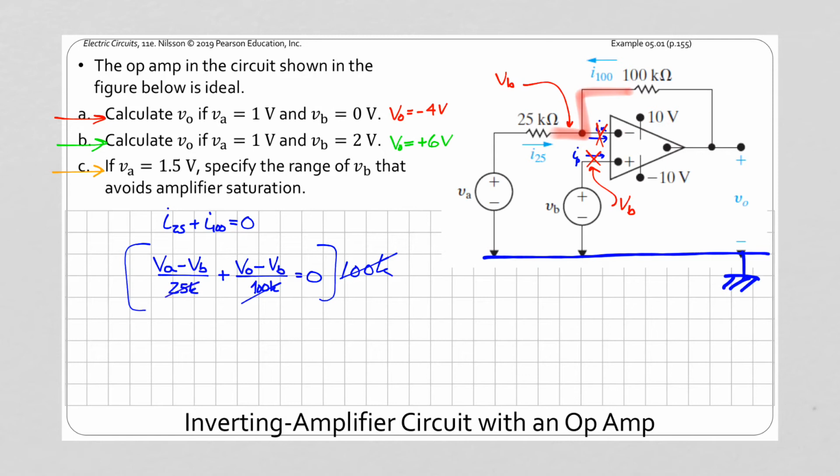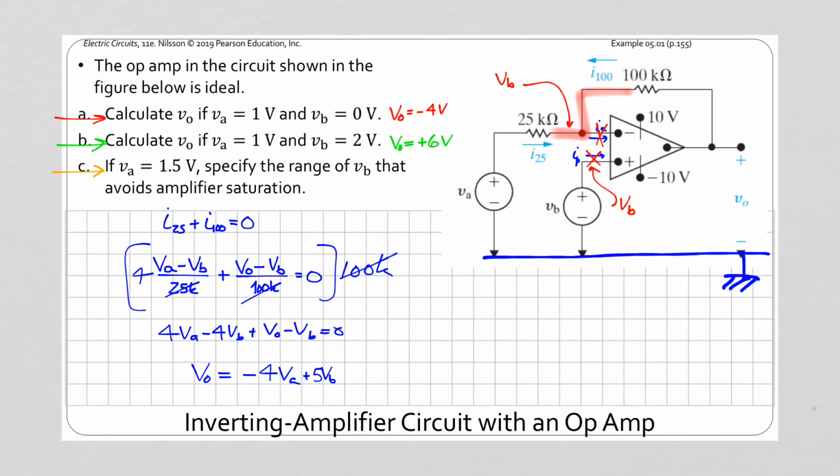So that'll cancel there, and we'll get a factor of 4. And what we end up with here is VO is equal to negative 4VA, because the positive value here becomes negative as it goes across the equal sign. I've got negative 4 and negative 1. That's negative 5VB. That negative 5 becomes positive when I move that across the equal sign.